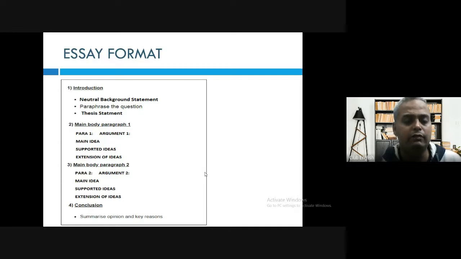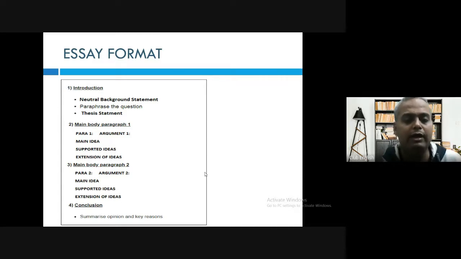The extension of ideas means again there will be an example. And in the last, after the extension of ideas, in opinion-based questions only, you are going to write that, okay, in my opinion, mothers are better than fathers because of one more reason you are going to quote. That would be the best one, right?